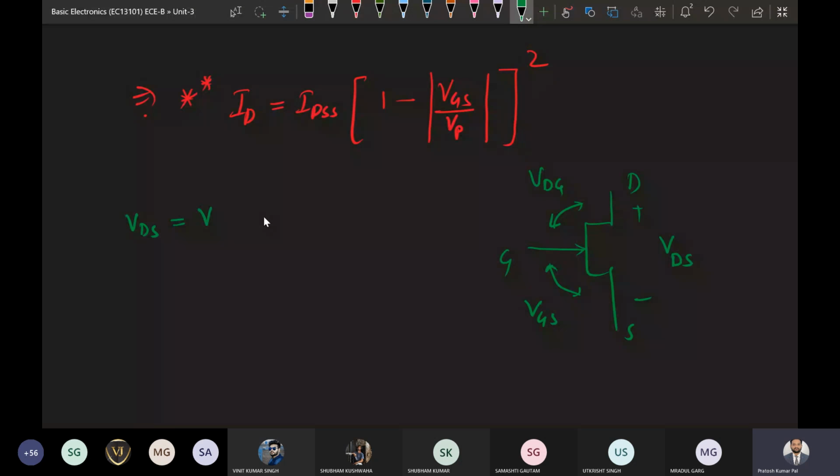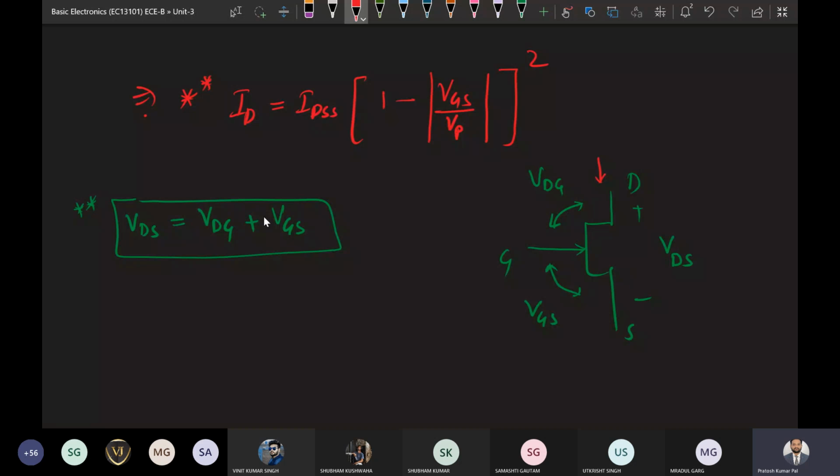VDS is equal to VDG plus VGS. So this will also be helpful for different problem solving. And through this you can see this is the current expression. The electrons will be moving from source to drain in case of n channel, so the current direction will be here.